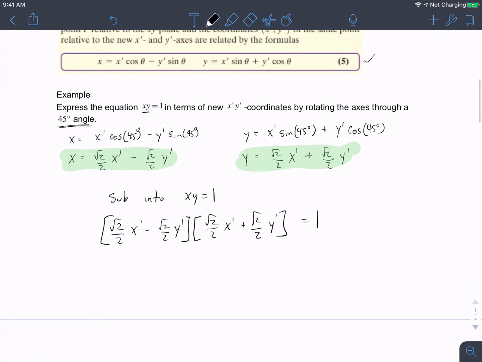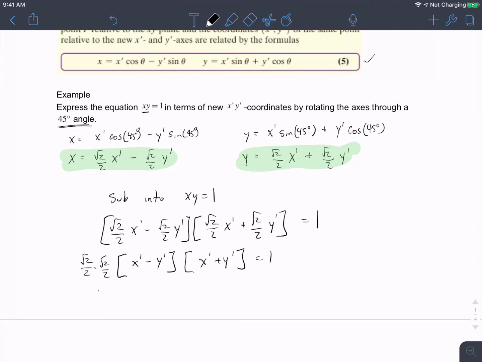Now, we can factor out radical 2 over 2 from both of them, so we get radical 2 over 2 times radical 2 over 2, and that leaves us with x prime minus y prime times x prime plus y prime equal to 1.